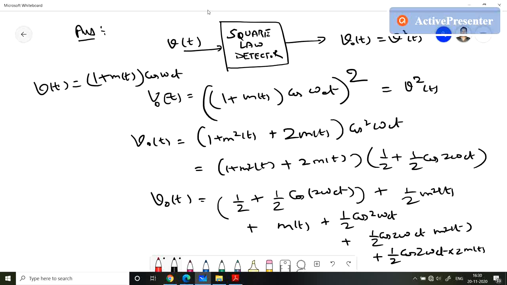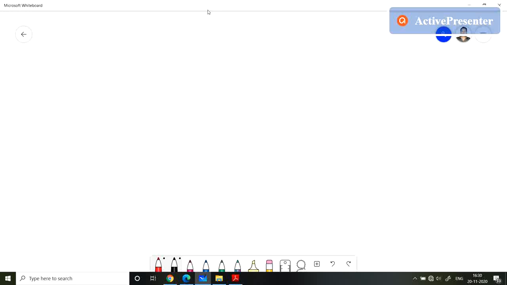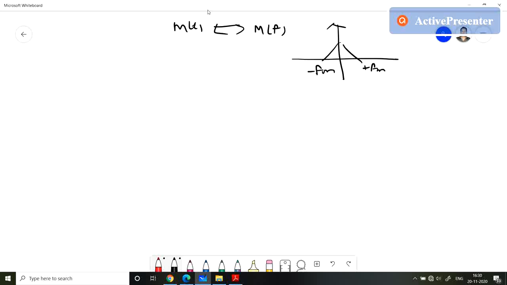Now if we just see the expression, the Fourier transform of m(t) is M(f), and that is limited between minus fm to plus fm. So this is M(f), that is the Fourier transform of m(t).